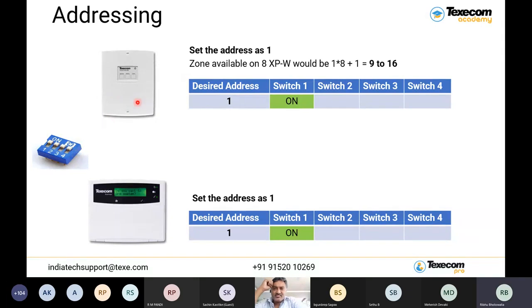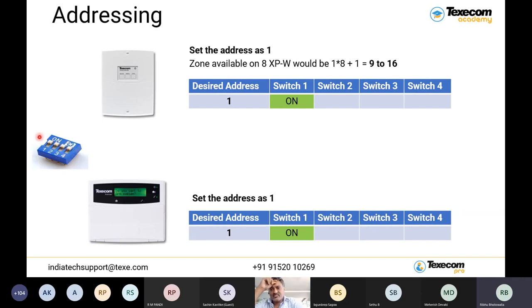For the first expander, we need to give address number 1. How will we give it? We will turn on dip switch number 1 in the expander. Rest all, 2, 3, 4, will be down.